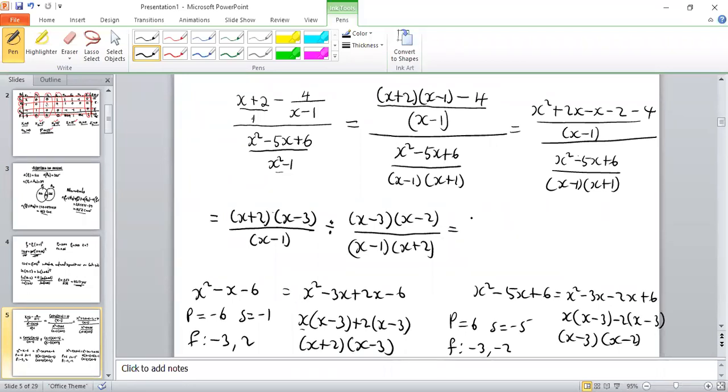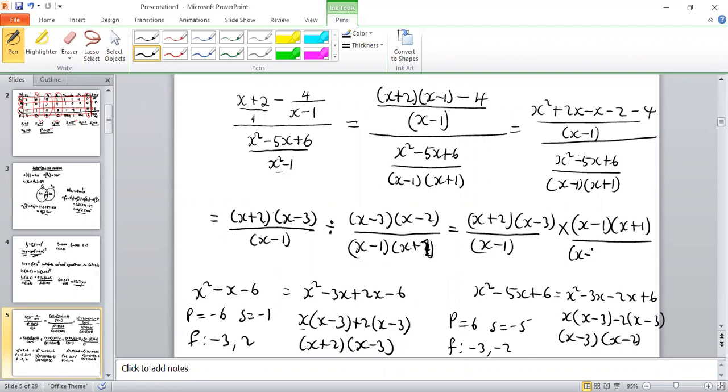So this side will just be the way it is, x plus 2 in brackets, x minus 3 over x minus 1, times the numerator becomes the denominator, so x minus 1. Of course, this is difference of two squares, so this is +1, x plus 1. Then everything over x minus 3 and x minus 2.